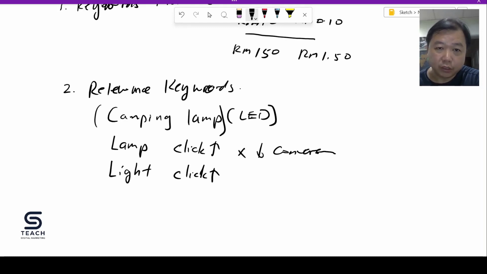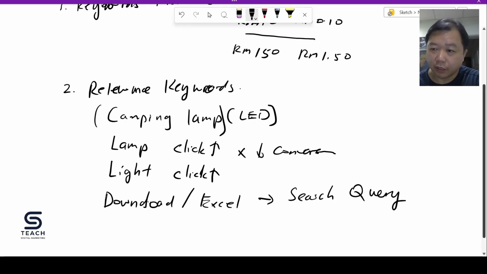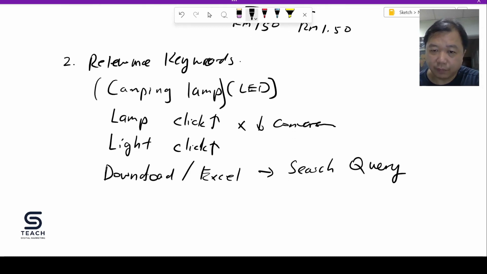So the easiest way to do it is to download the data or the Excel and look for the search query. Look for something that has a conversion.